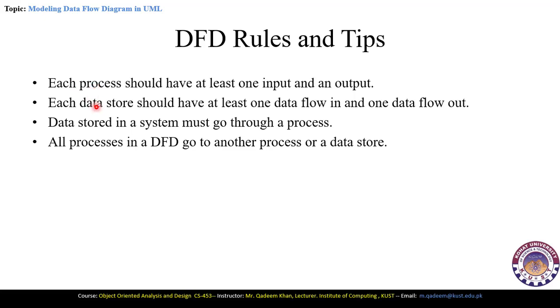Each data store should have at least one data flow in and one data flow out. A data store must have incoming and outgoing data flow, because when we update the tables or database, there must be some incoming and outgoing data flow.